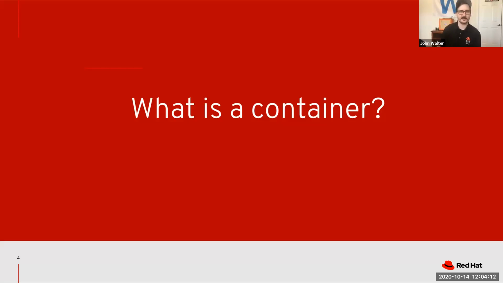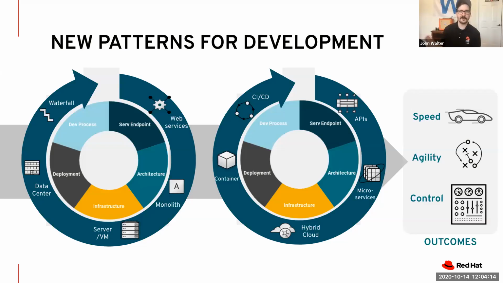What is a container? So, this is the cheesiest buzzword term within the industry right now, at least in my opinion, but digital transformation, that's what everybody is talking about. And really, with digital transformation, what you're talking about is how do we become a great software company? And there are a lot of different components, right? On the left side of this chart, you have the old way of developing applications, right?